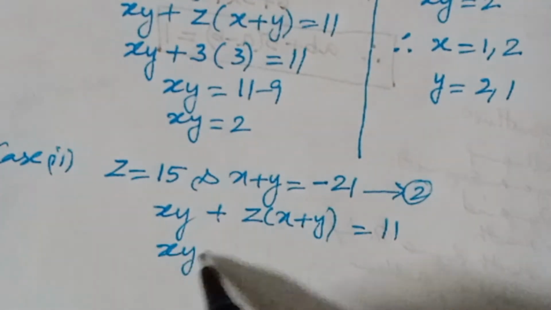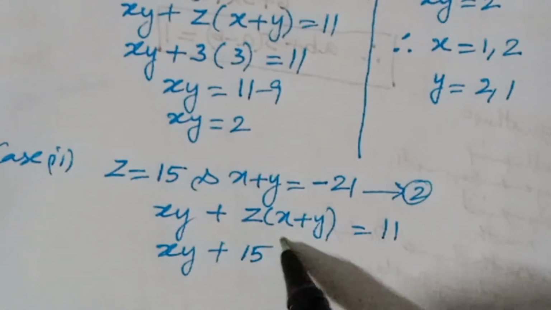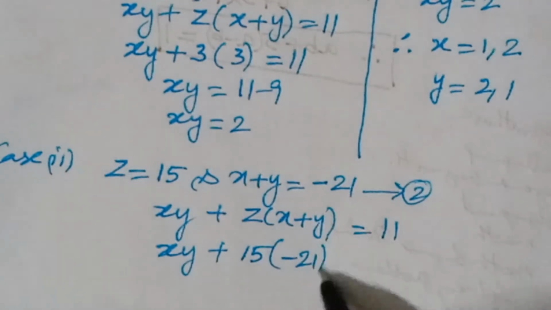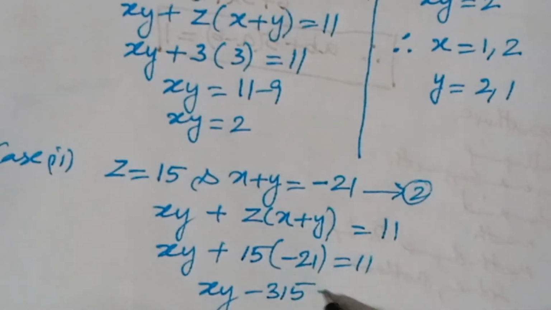So xy + 15 × (−21) = 11, xy − 315 = 11, so xy = 326.